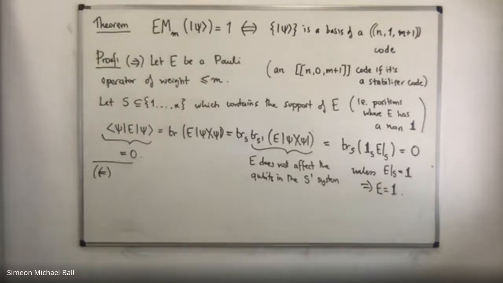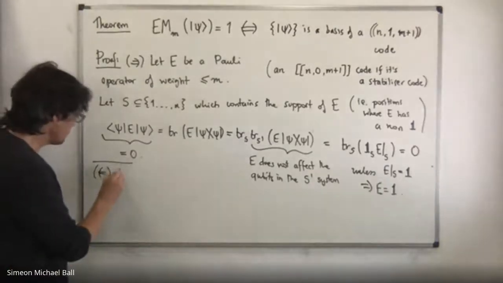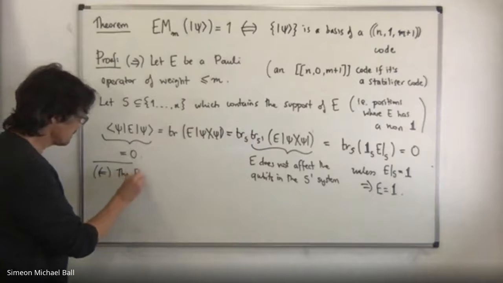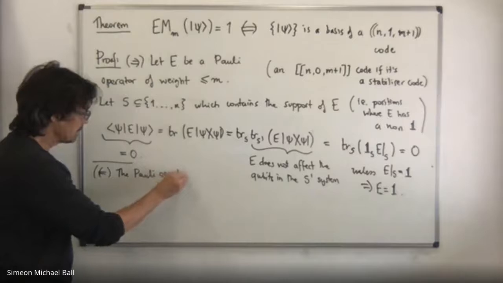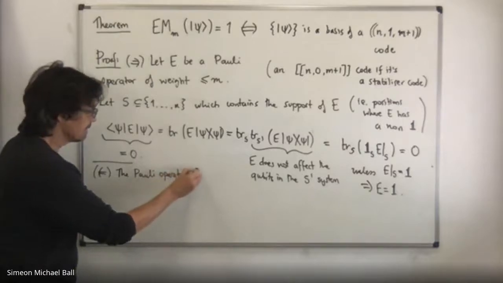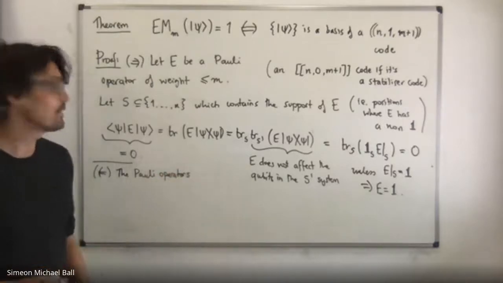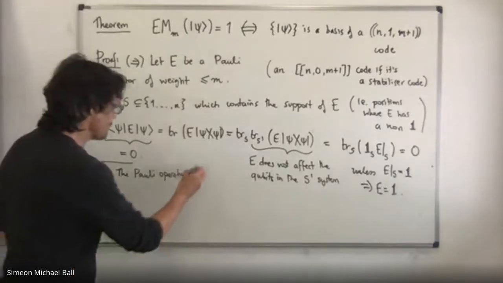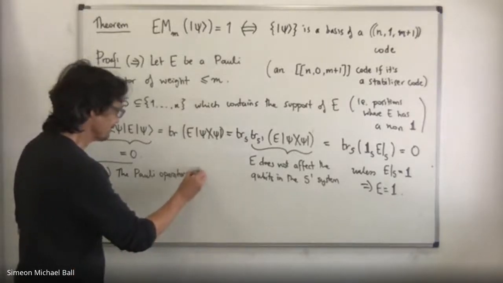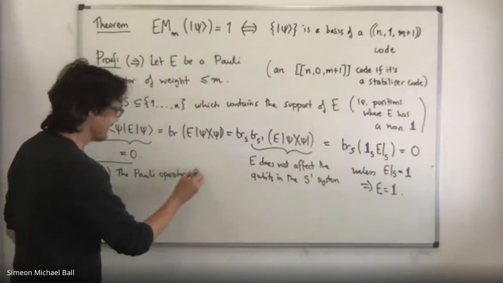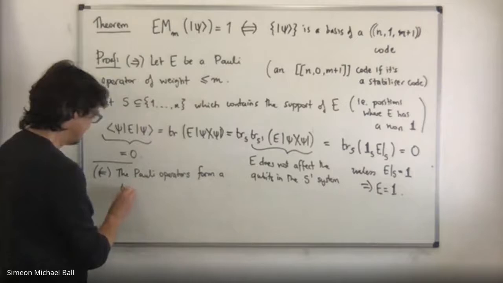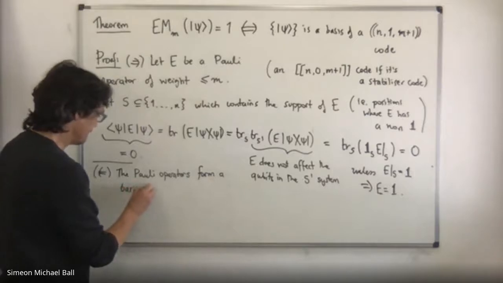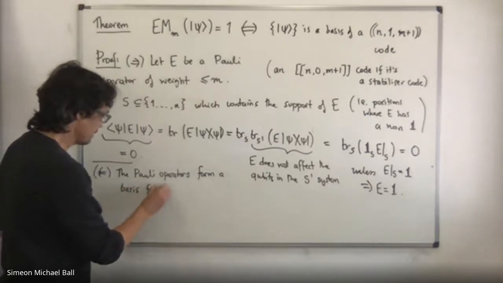Now the Paulis form a basis. So the Paulis, as we saw, all the operators E form a basis for all endomorphisms.